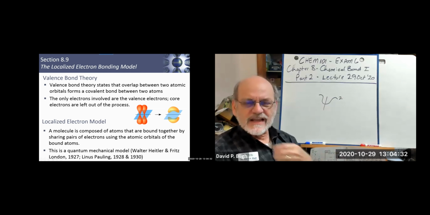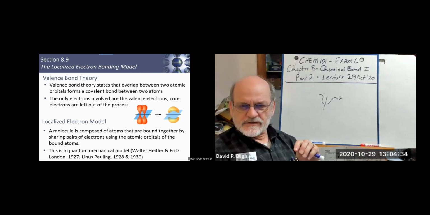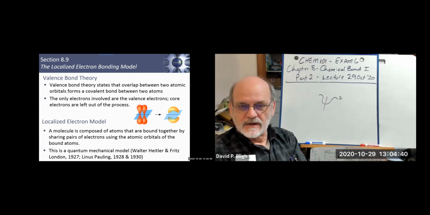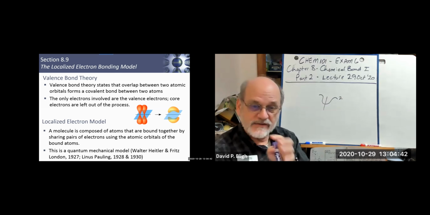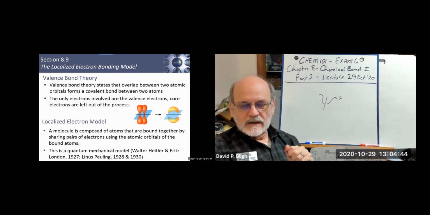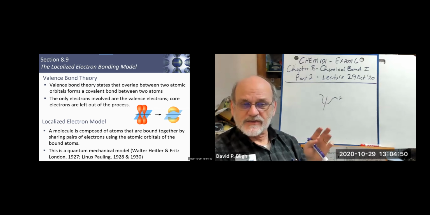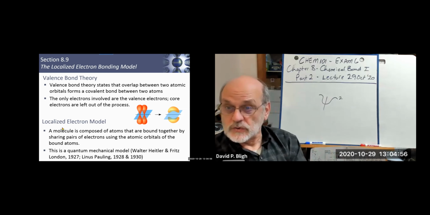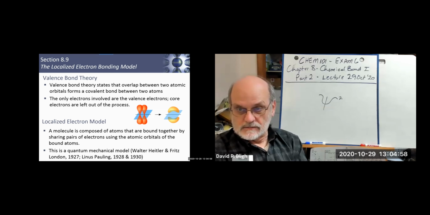So the localized electron model is the way we represent the atoms in three-dimensional space as they overlap these orbitals. And the model itself says that the electrons still belong to the individual atoms.